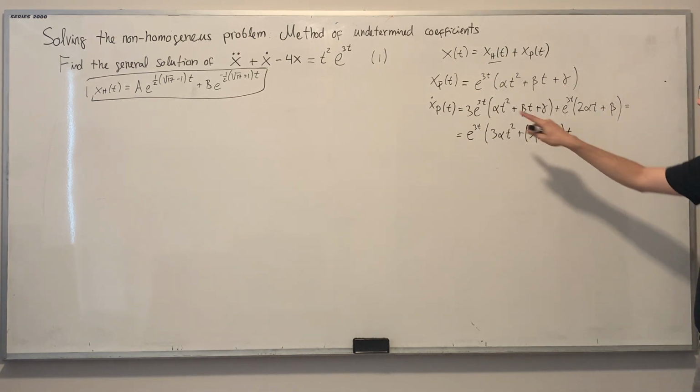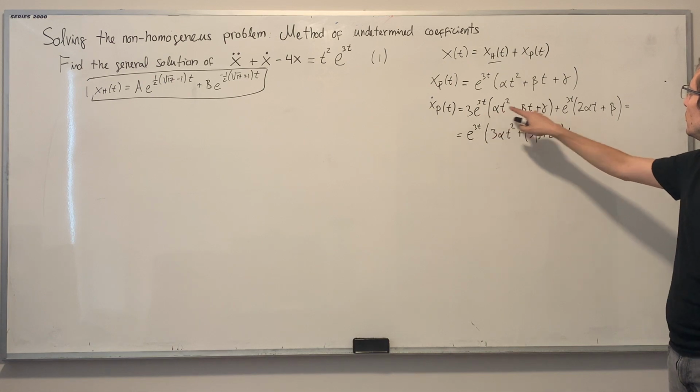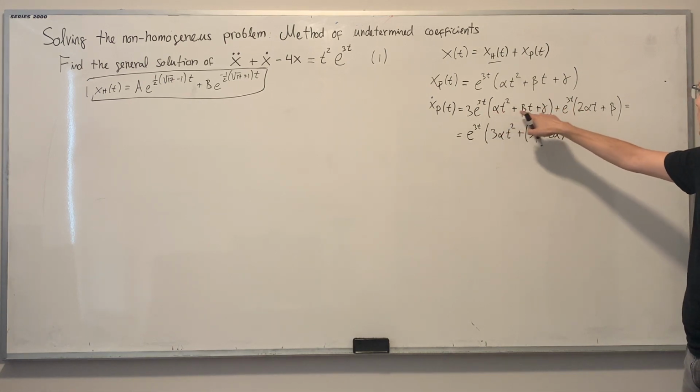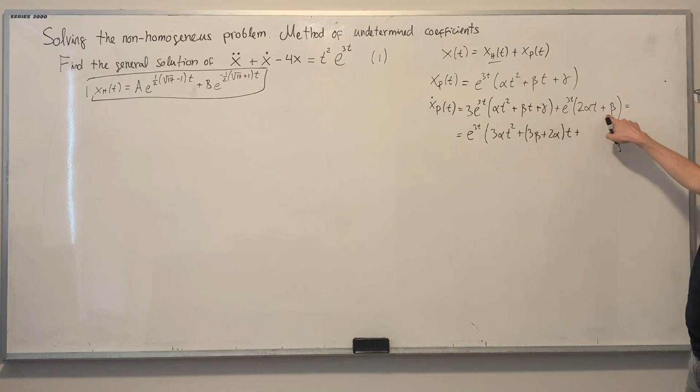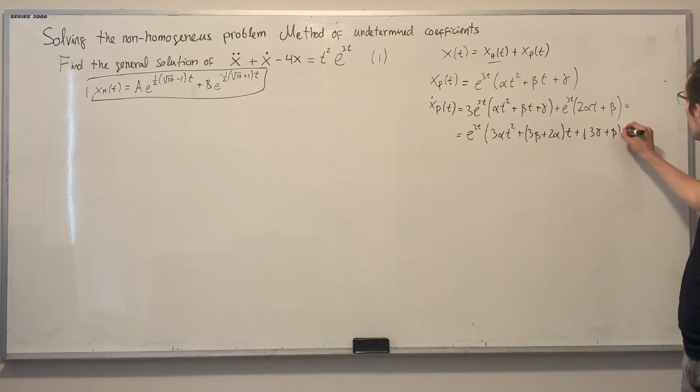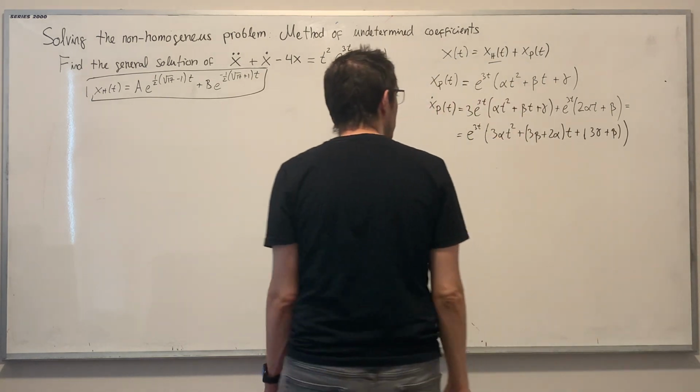And finally we have plus 3 gamma plus beta, so 3 gamma plus beta. All right, so that is the first derivative.